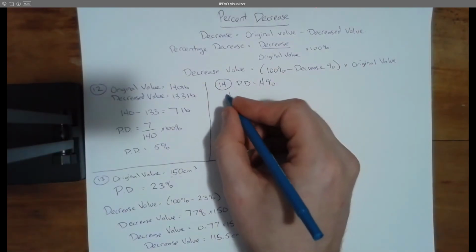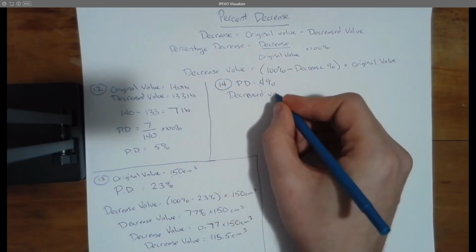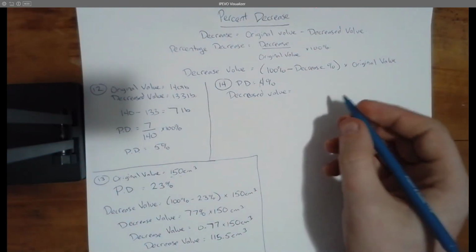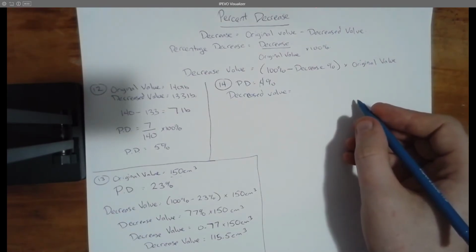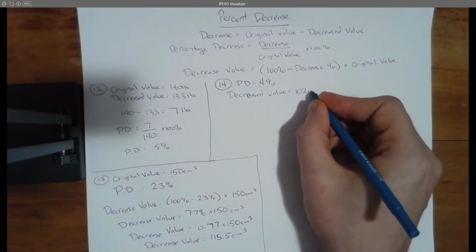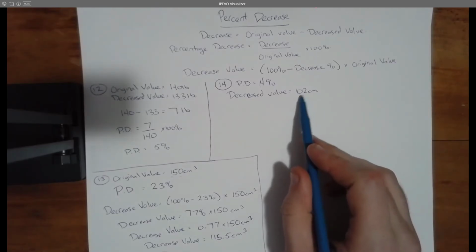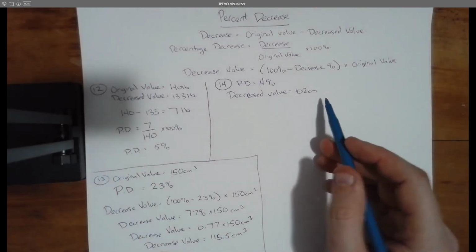We now are given a decreased value after the first wash. He wants it to be 102 centimeters long. What we're asked to find out is how long should the pants be when he buys them? What should the original value be so that they end up at 102 centimeters long?